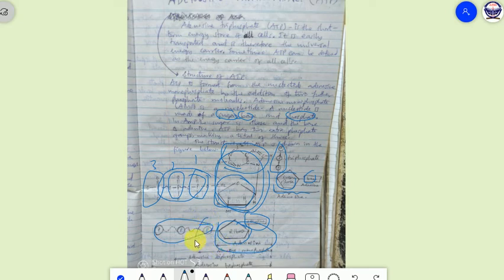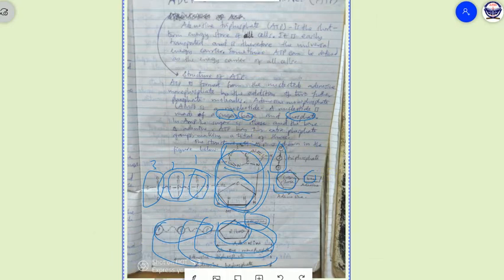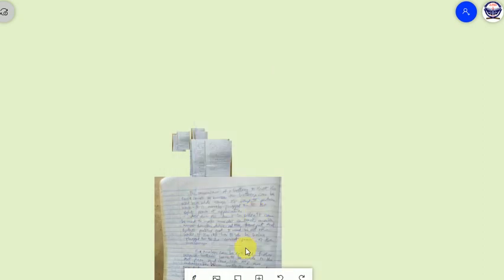If we categorize from here, it is adenosine monophosphate. Then from here it is adenosine diphosphate. All three together are adenosine triphosphate. Let's continue our discussion on the next page about how ATP is used in the body.